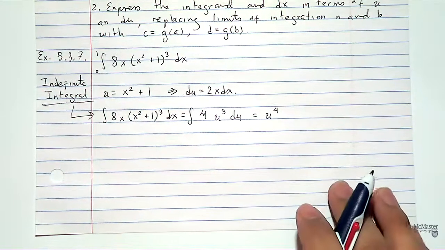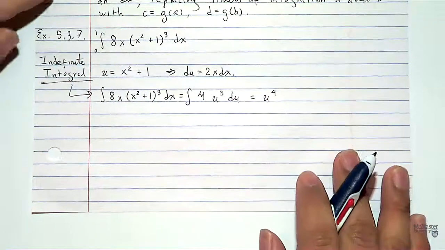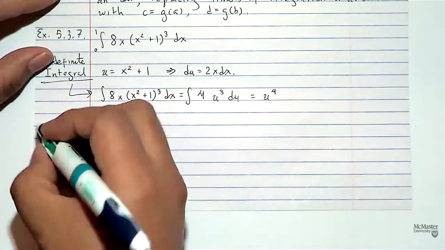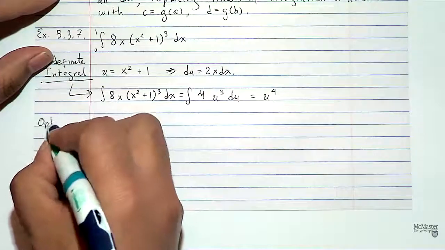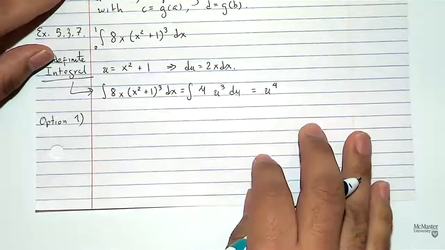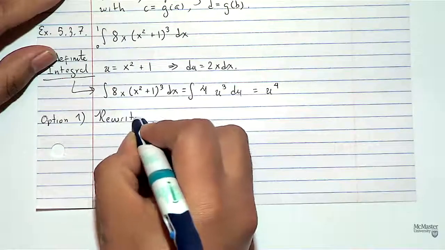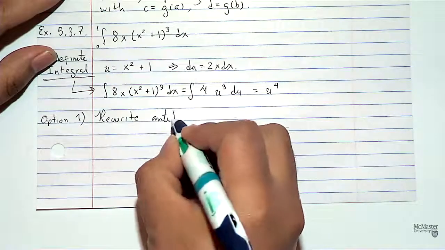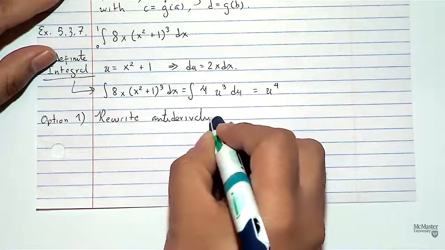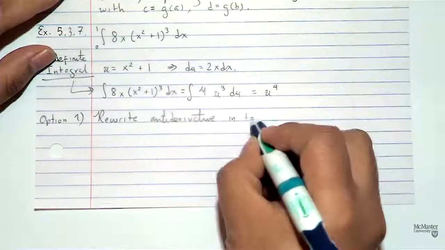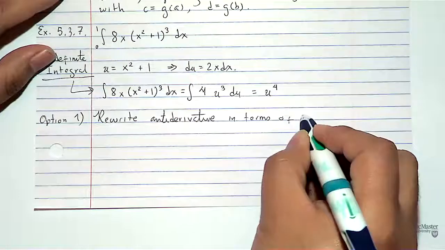And so in order to stress these two possible options that I commented before, let's say that we follow option 1, right? So option 1 is to rewrite the antiderivative in terms of x, okay?